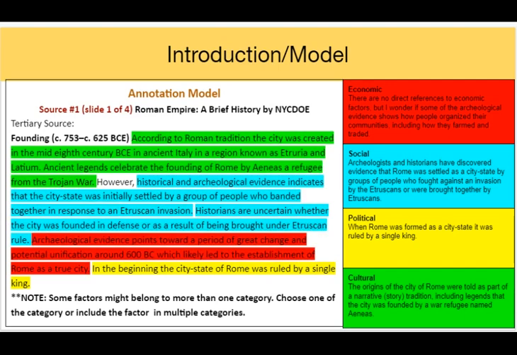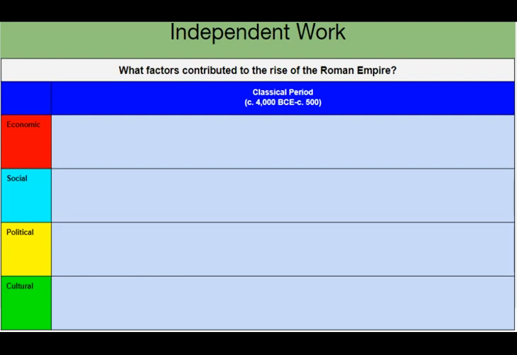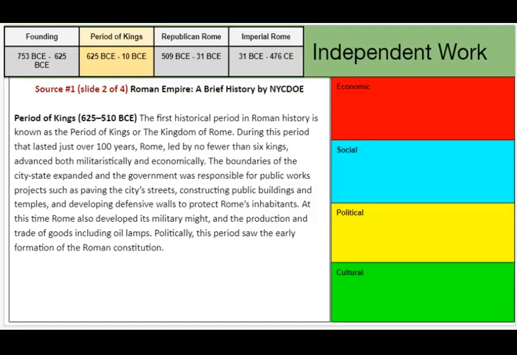Notice they used different words. Okay. So when your teacher is going to send you to eventually write about the rise of the Roman Empire and speak about the economic and social and political and cultural events that led to that, you're not going to get upset. You'll be like, I know exactly what to do. You're going to highlight by color. You're going to work your way through. You're going to get all different things to work on your own, unless your teacher sends you to work with someone else.